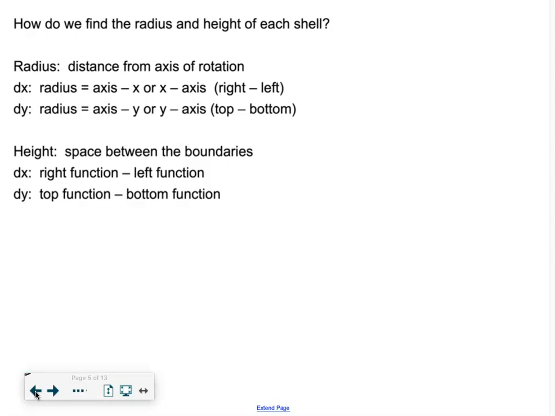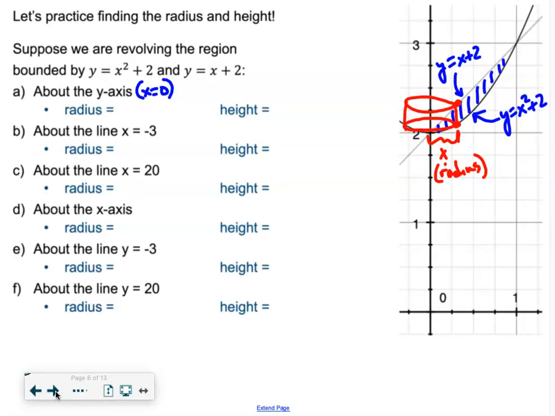How do you know which one it is? If your region is to the right of the axis, think of like this being x, then it's x minus axis. If your region's to the left of the axis, then it's axis minus x. But it's always axis and the letter x when you're in dx. So in this case, it's x minus axis, so our radius is x minus 0.